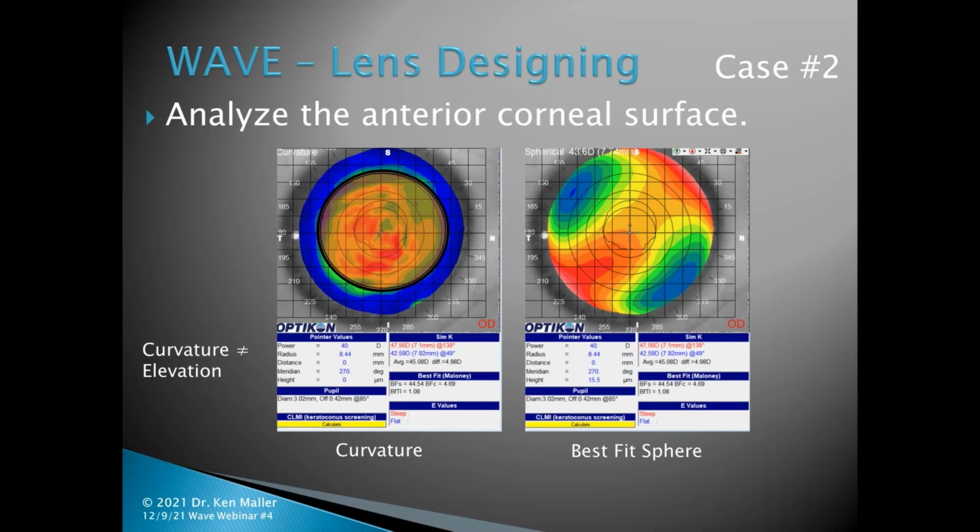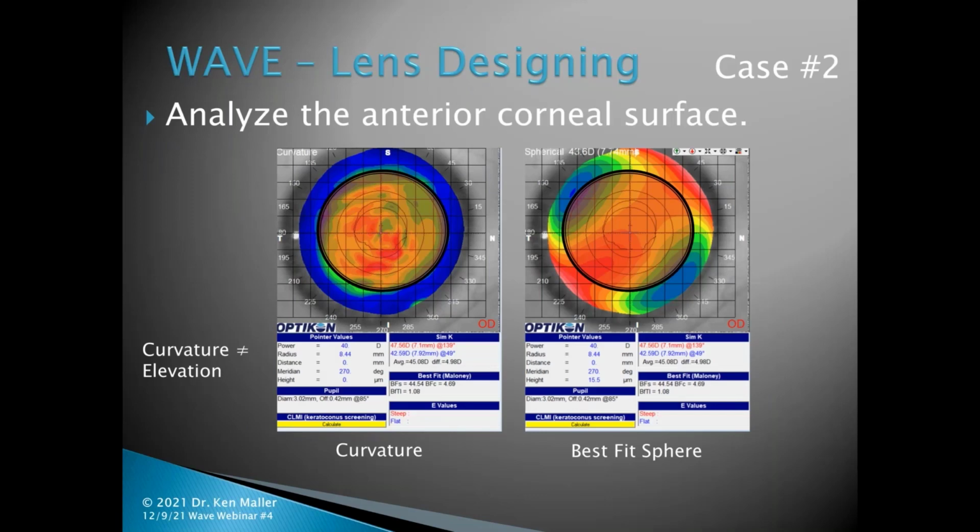It's all basically blue. Down in the inferior temporal quadrant there, we got a little bit of green glowing over there, but for the most part, it really is blue, and it looks fairly homogeneous. If we do the same thing on the elevation or the best fit sphere, where we're understanding what the elevation is, we could see that it is not homogeneous at all.